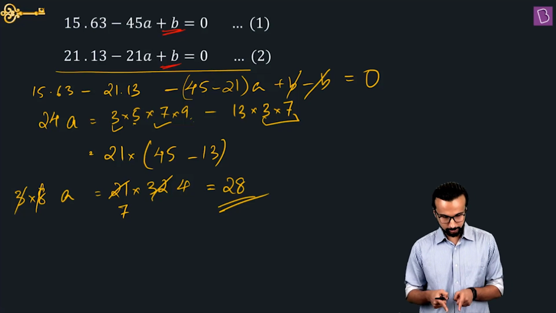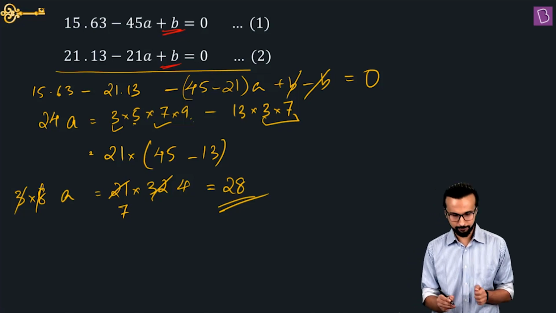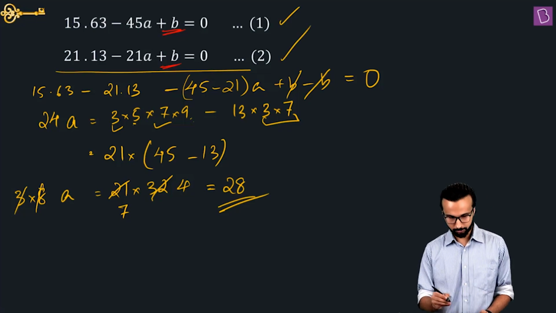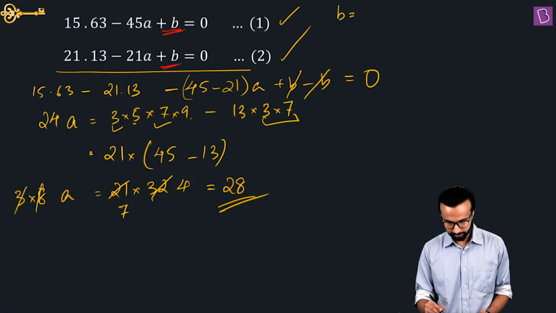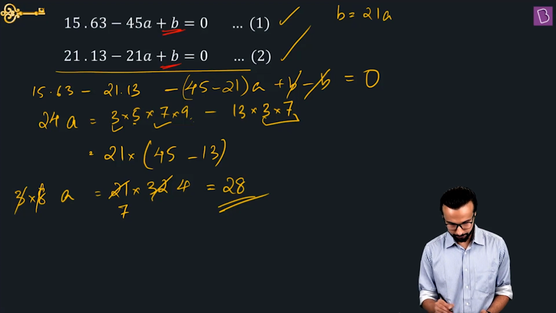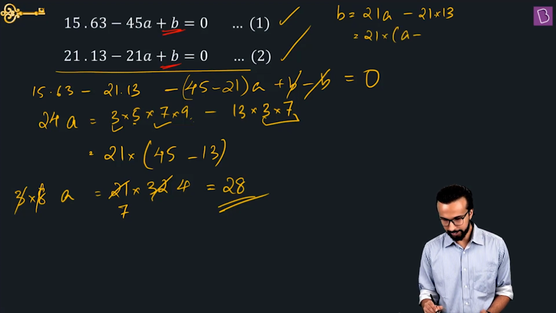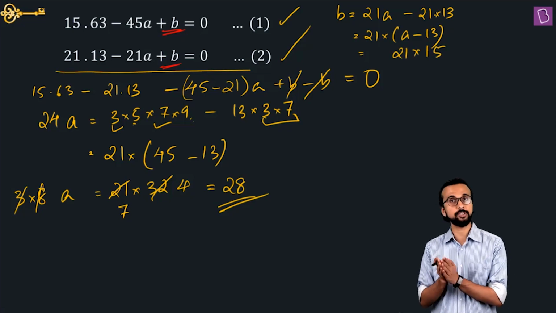Alright, got that. So now that we got a, how can I find b? Substitute into any one of these two equations. To find b, I'll write b as 21a minus 21 into 13. So I'll write that as 21 into (a minus 13), which becomes 21 into (28 minus 13), which is 15.